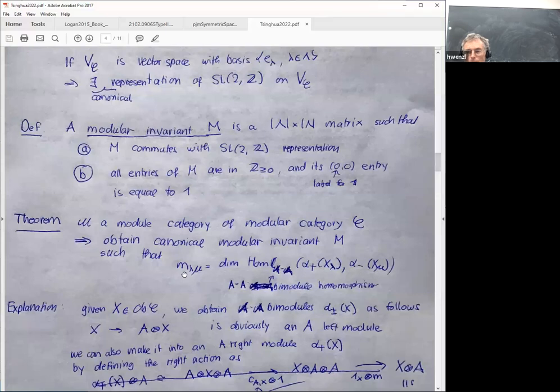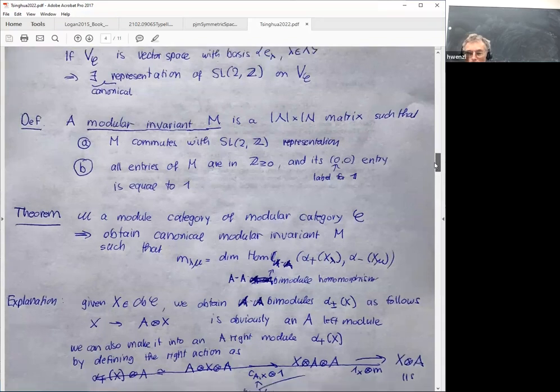I wrote it down here. M lambda mu is the dimension of the Hom space of two AA bimodules, alpha plus X lambda and alpha minus X mu.